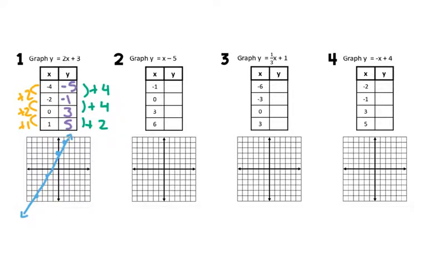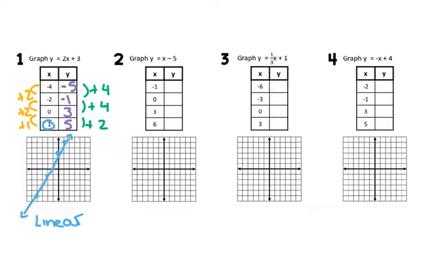So even though the table didn't quite show us that, the graph did. So this would be a linear function, okay, because it did form a straight line. Now, if we change this number here, that would have given us that constant rate of change. So it is important to check all of that.